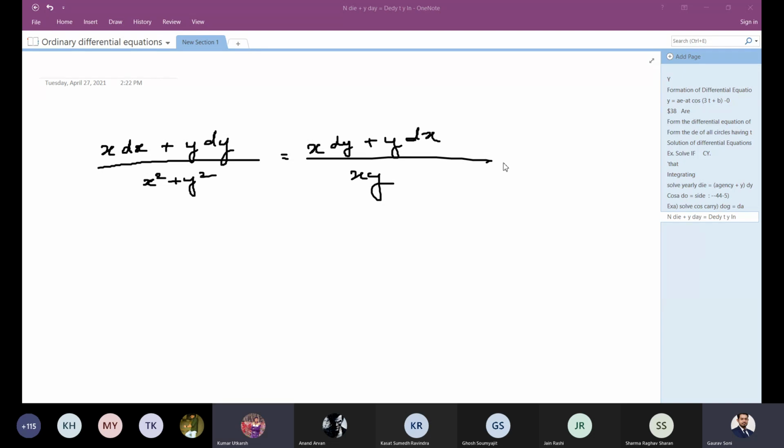Minus 1 upon 2x square equals 1 upon 2y square plus c. Just a minute. Yes, Raghav. So minus 1 upon 2x square equals 1 upon 2y square plus c. How did you get it? I cross multiplied.